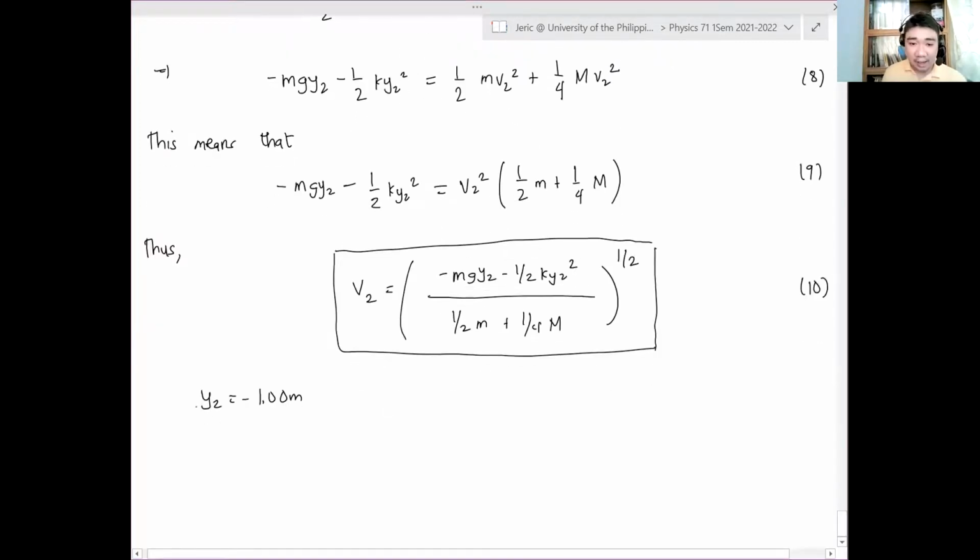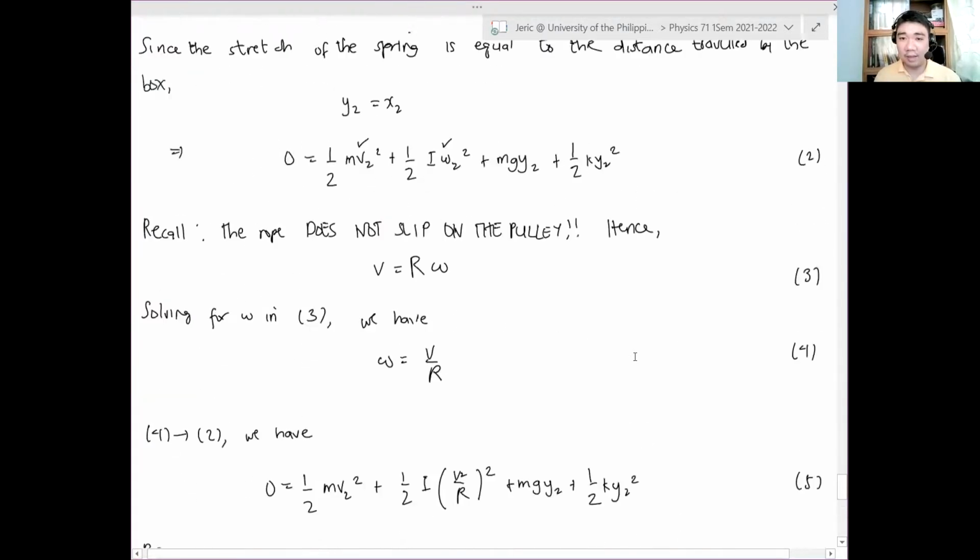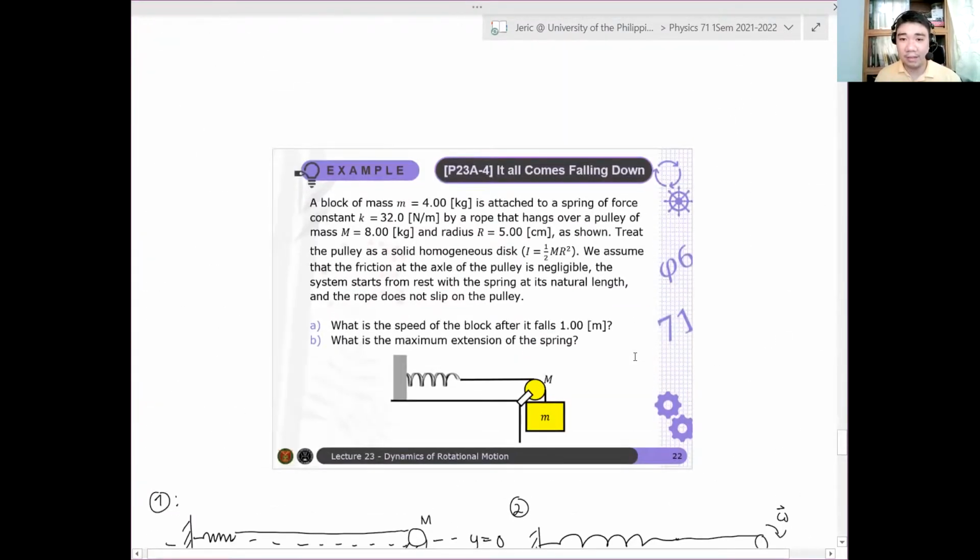And then K, given in the problem, is 32 newtons per meter. Small m is, what's small m? I forgot small m. So let me look at it. Small m is 4 kilograms, while capital M is 8 kilograms.